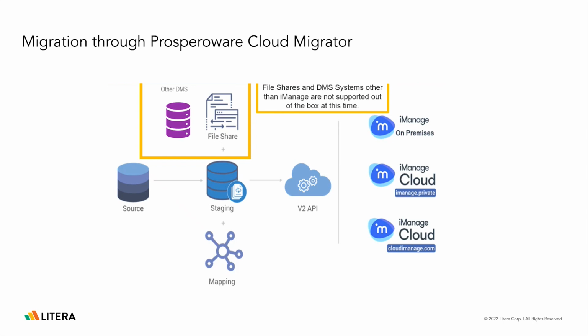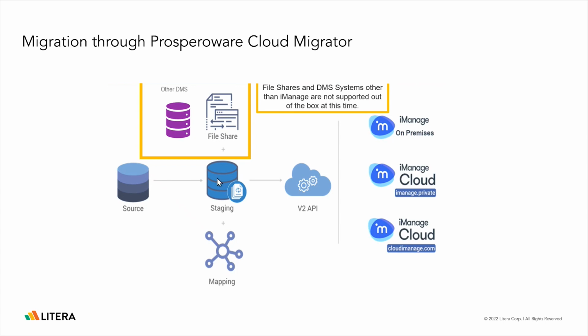The table structure, and we'll take a look at this, doesn't exactly reflect the exact schema of iManage, but instead we aggregate like tables so that you don't have to do a lot of joins. The information is already in aggregate for, say, documents, security, workspaces, folders, things like that.